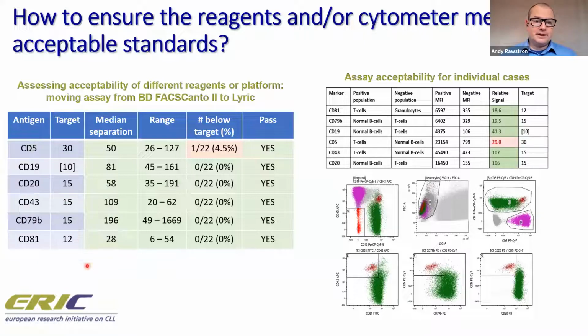So when we were looking at changing from a Canto to a Lyric, we just checked a number of cases to see whether we were getting the appropriate separation with our reagents on the machines. But it can also be used to test reagents and kits, more importantly, to see whether they meet the appropriate criteria, looking at the separation in terms of positive versus negative fluorescence intensities.